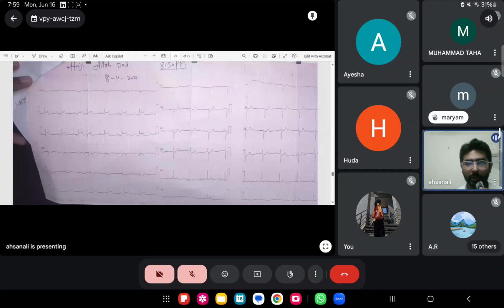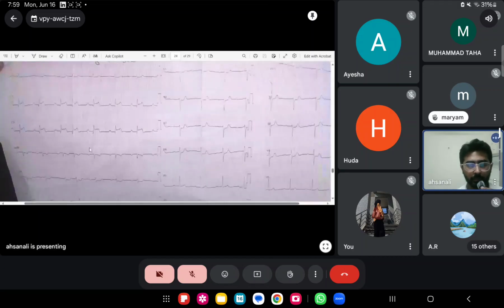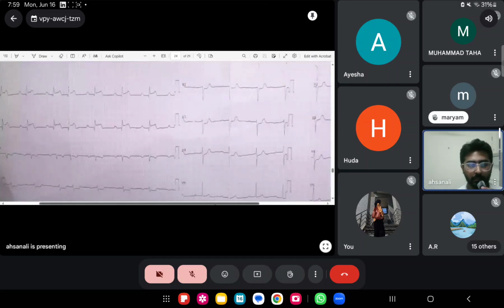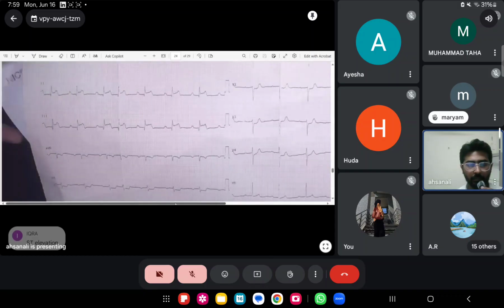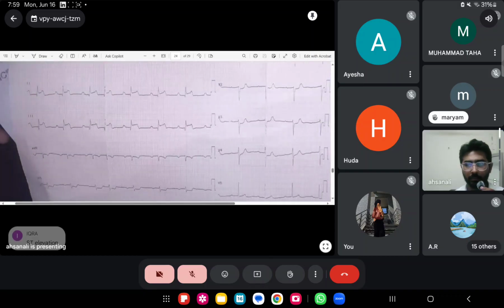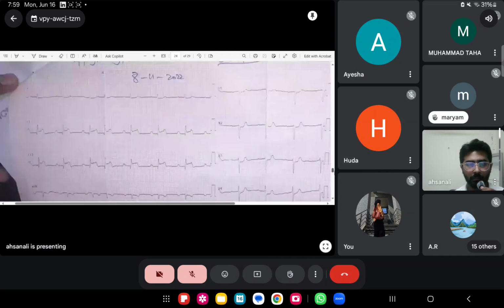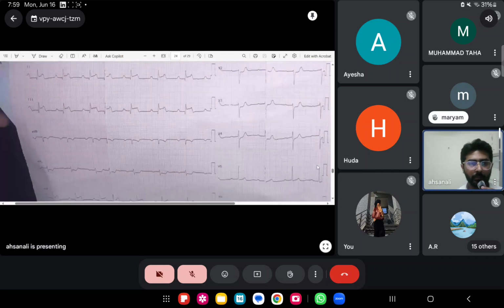If you can find any abnormality also with the sequence. Do you want me to zoom in a bit? So anyone? No one? All right.